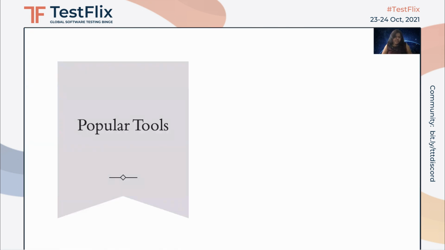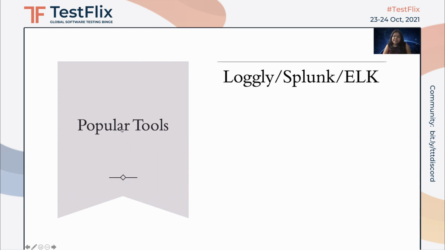There are a lot of popular tools out there. Again, for the scope of this discussion, I'm going to be limiting ourselves to specific tools like Loggly, Splunk, and Elk. And these tools allow you to aggregate, store, search, and visualize your log data. Now, Prometheus is an open source time series monitoring tool whose metrics are stored in a time series database.